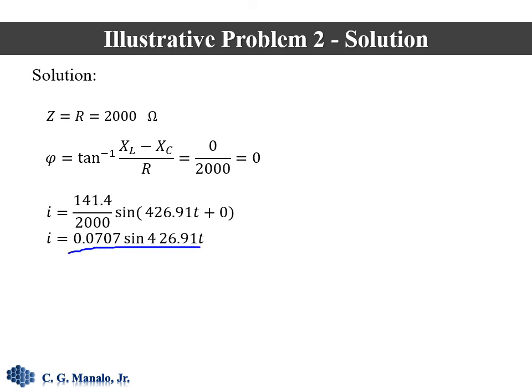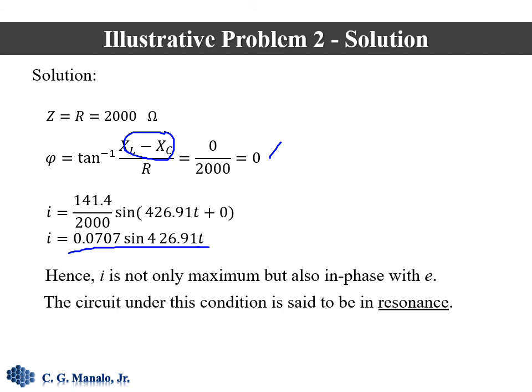So phi there would be 0 because X sub L and X sub C are equal, and therefore we will get this final result. And we notice that I there would be in phase with E for maximum steady state response.